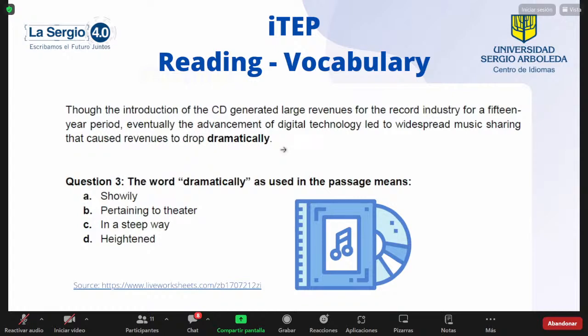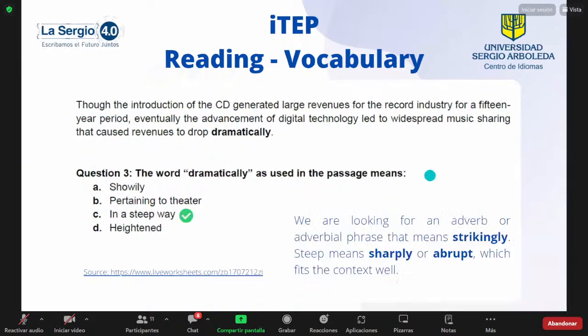So the answer is in a steep way. A steep way means dramatically.